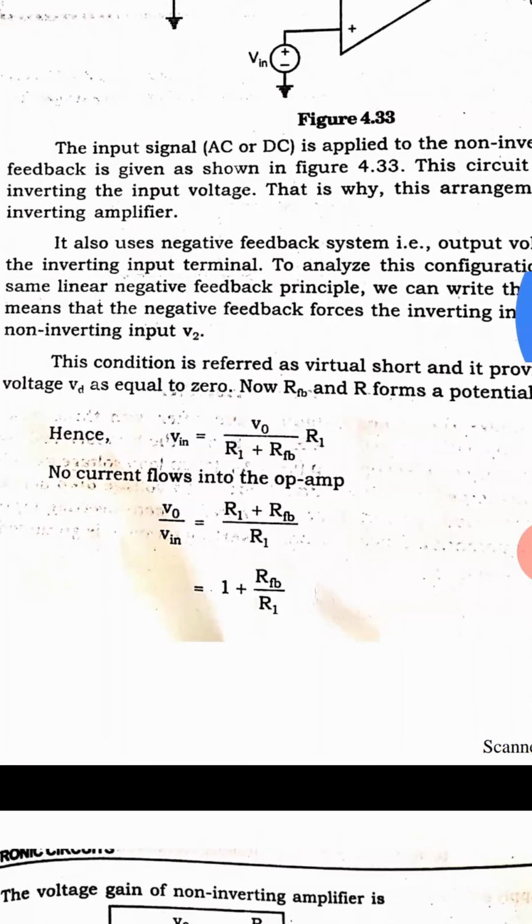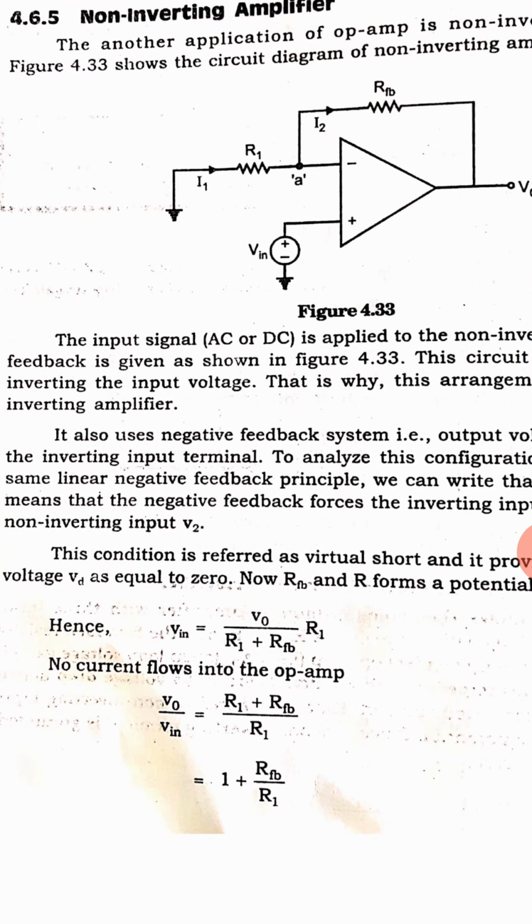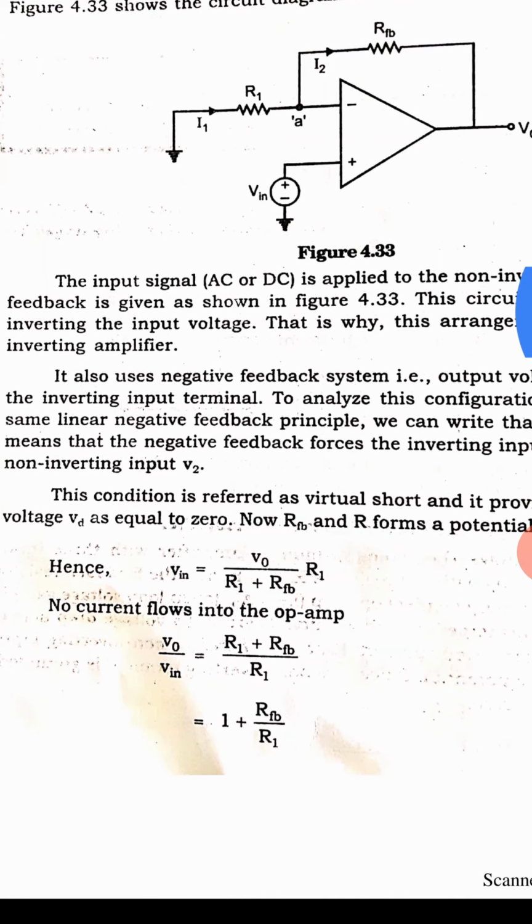Rearranging the equation, V0 by Vin is equal to R1 plus RFB divided by R1. By simplifying, we get the gain V0 by Vin is equal to 1 plus RF by R1.